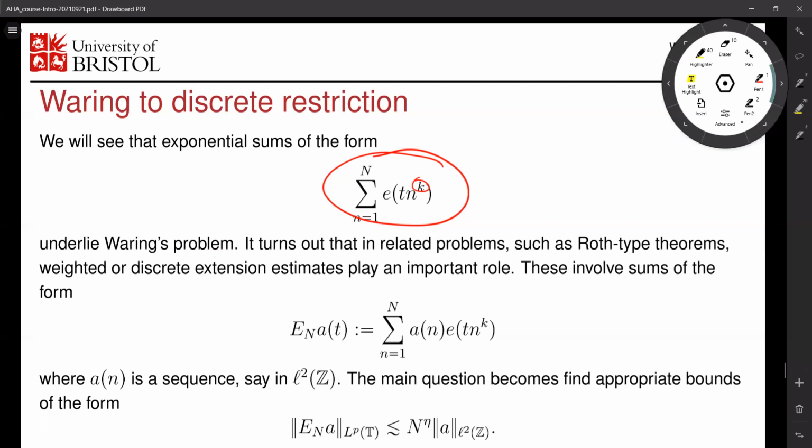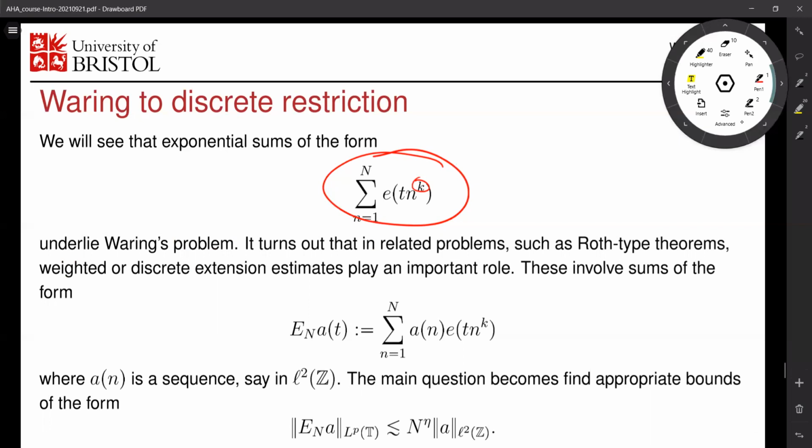Okay, and we use the delta method, the circle method, to tease out the representations after examining these sorts of sums. Well, it turns out that if you want to do some other problems that require more subtle information, such as Roth-type theorems, then you need some weighted estimates or discrete restriction extension estimates to come into play.